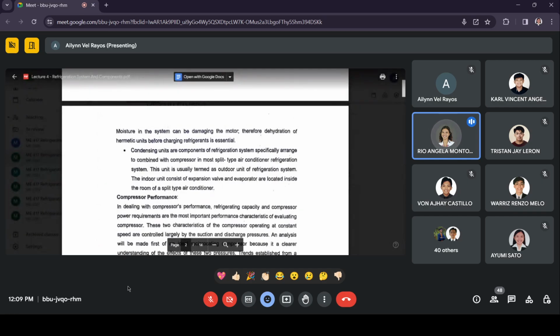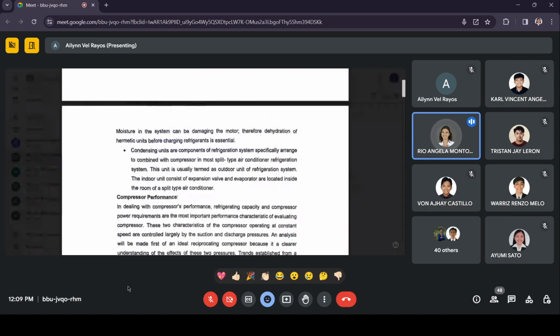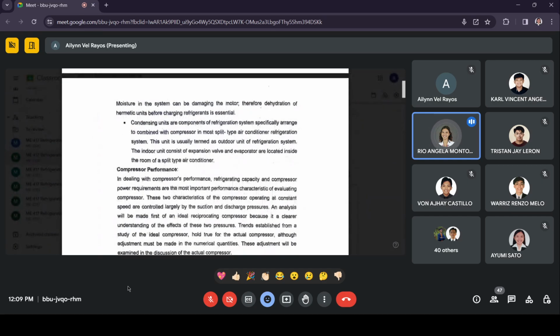Condensing units are components of refrigeration systems specifically arranged to combine with compressor in most split-type air conditioner refrigeration systems. This unit is usually termed as outdoor unit of refrigeration system. The indoor unit consists of expansion valve and evaporator, located inside the room of a split-type air conditioner.